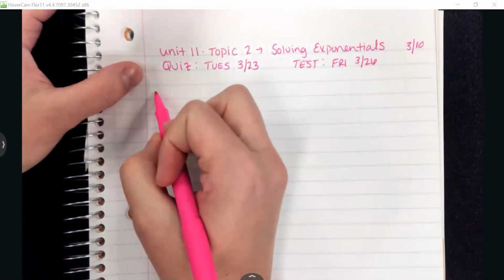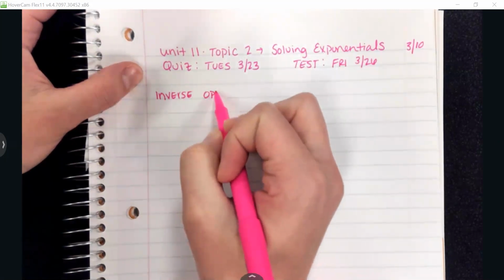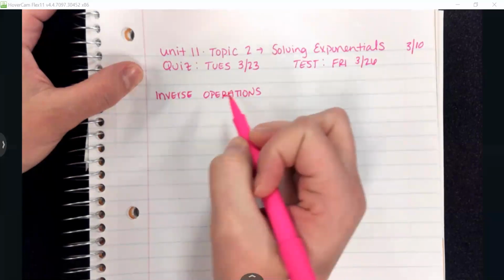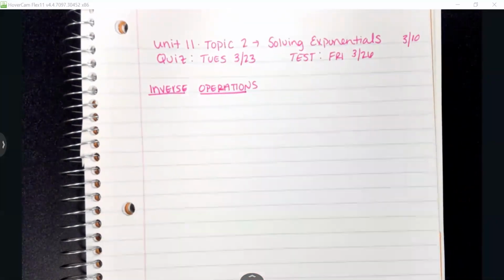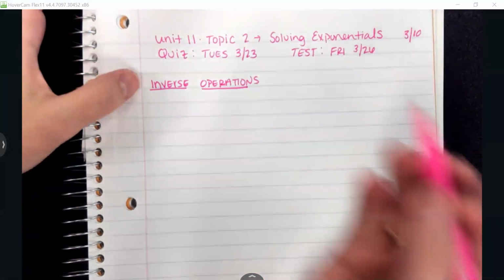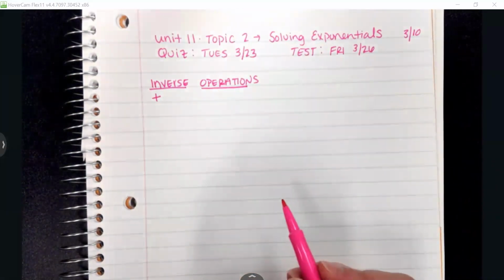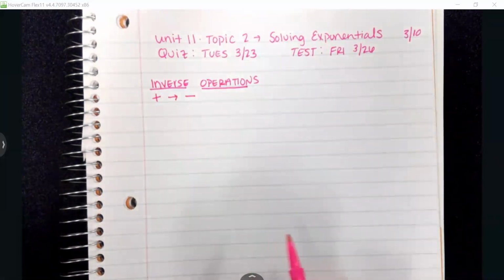All right, so the first thing we're going to talk about is inverse operations. What I mean by that is if I were to have a problem that had adding, how do I undo something that is adding? We would subtract.